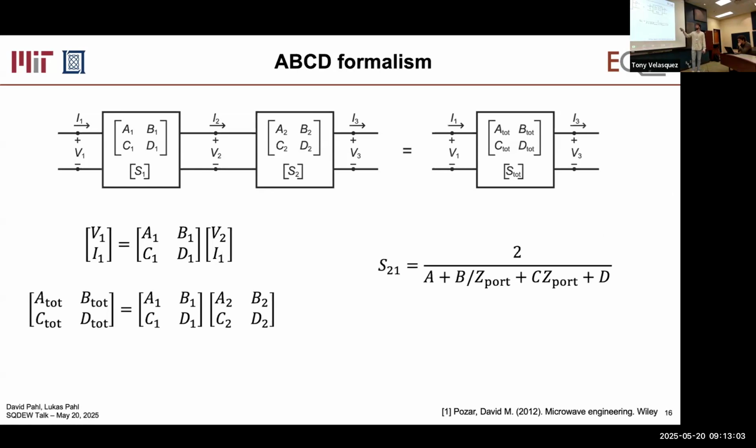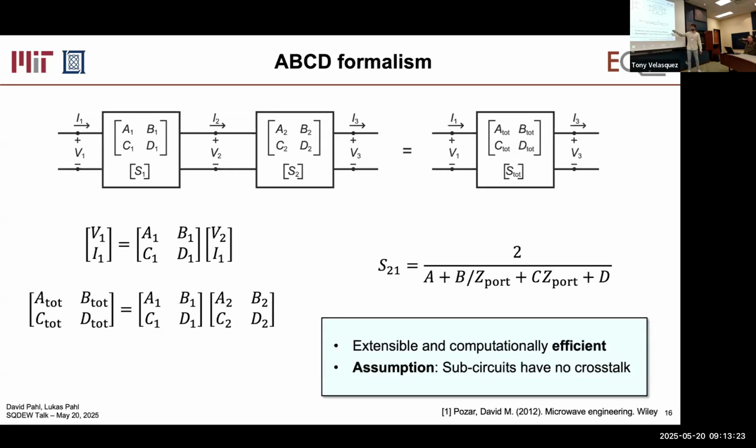And then what's really cool is there's a very simple transformation. You just take these four numbers, and you plug them into this formula, and you get your S parameter. In this case, this is the formula for the S21 parameter, right? And this is, for instance, something we rely heavily on for designing readout circuits. It's efficient because it just relies on matrix multiplications.